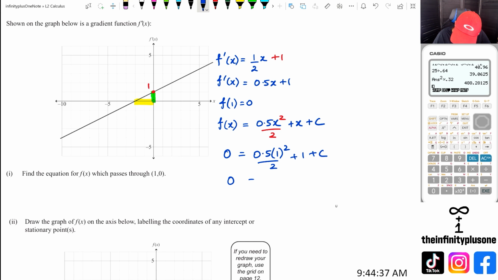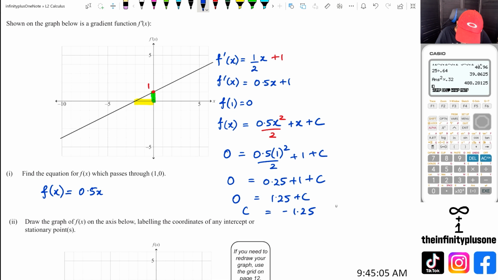So 0 is equal to 0.5 over 2, which is 0.25, plus 1 plus c. So 0 is equal to 1.25 plus c. Therefore, c is equal to negative 1.25. So then my f of x is equal to 0.5x squared over 2 plus 1x minus 1.25. So this is my equation.